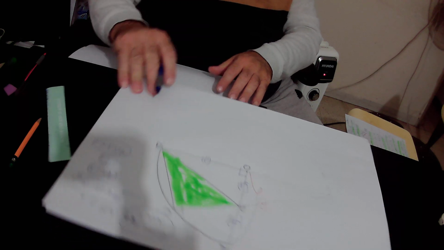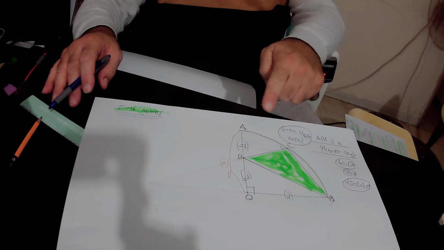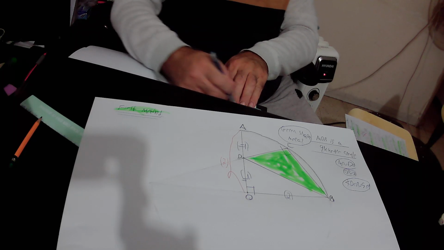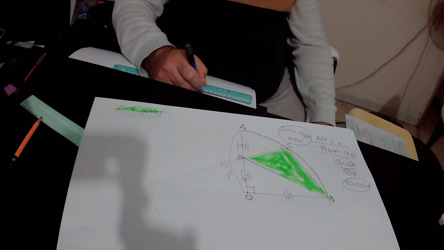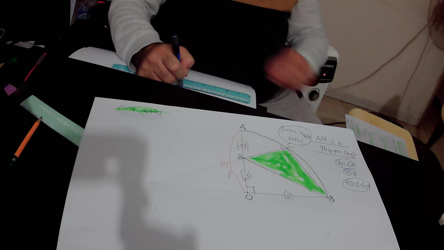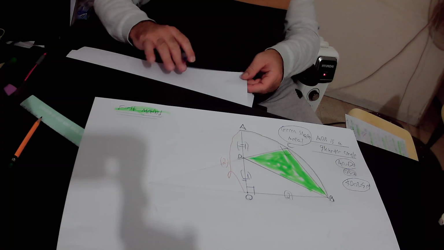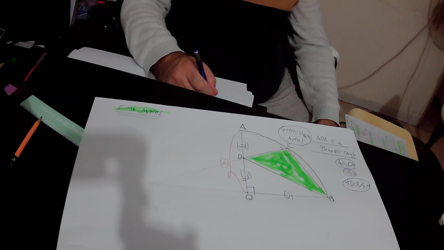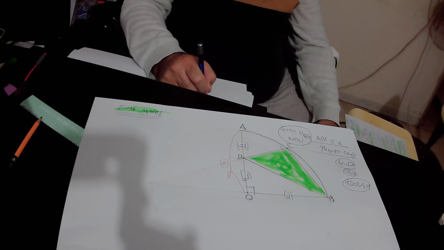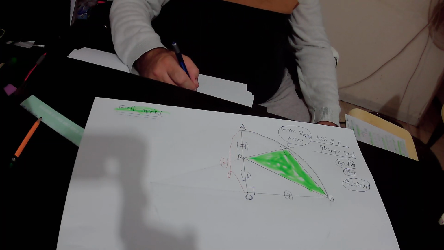So in the right triangle DOB, DB square, this is the square of the hypotenuse, equals DO square plus OB square.